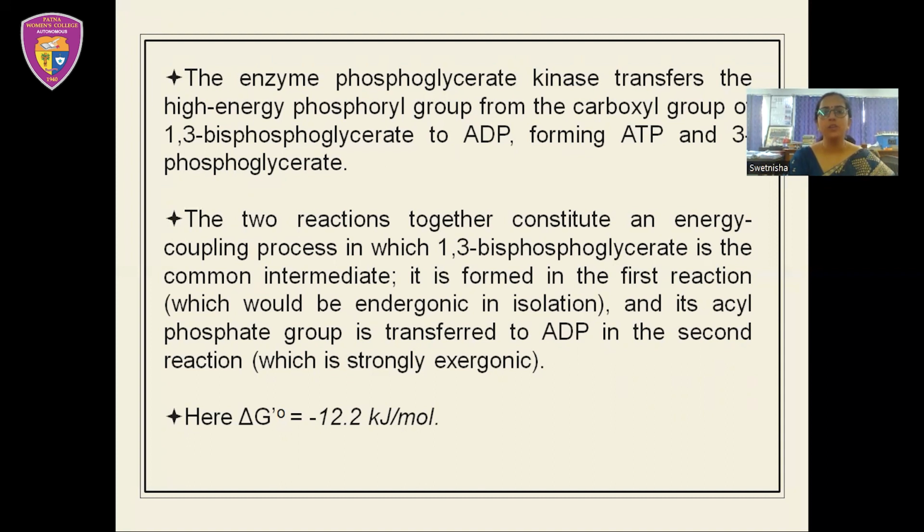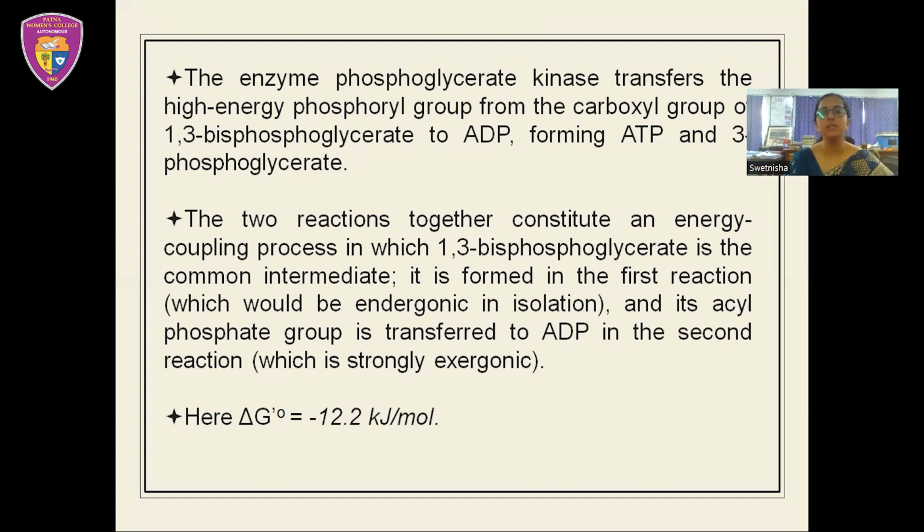The breaking of the bond of the phosphoryl group at carbon 1 of 1,3-bisphosphoglycerate results in a high amount of negative energy. So here there are two reactions taking place, so there is a coupling of reactions.